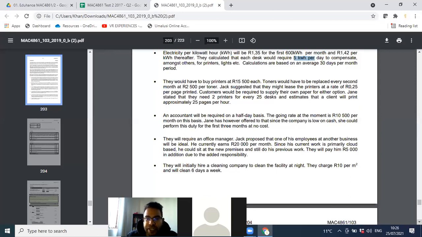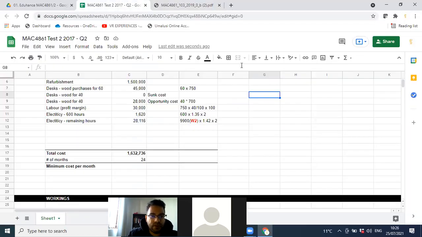Customers would be required to supply their own paper for either option. Jane stated that they need 2 printers for every 25 desks and estimated that their clients will print approximately 25 pages per hour. So let's work out lease and then work out buy.